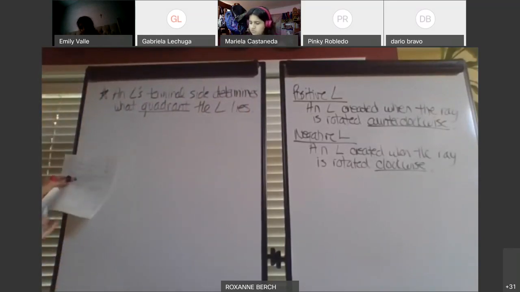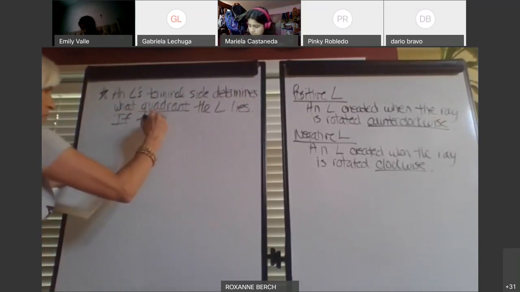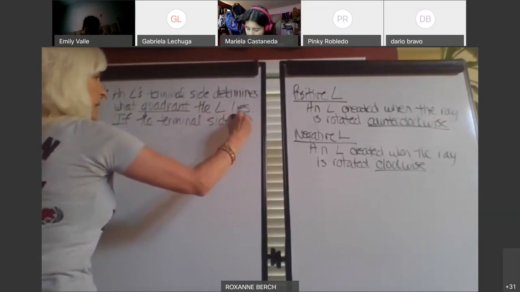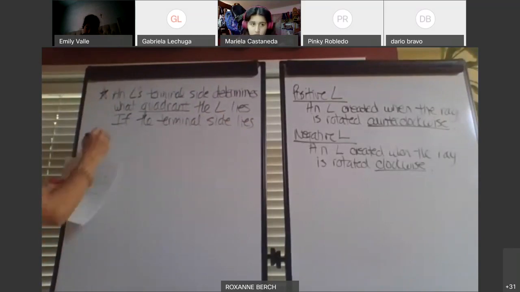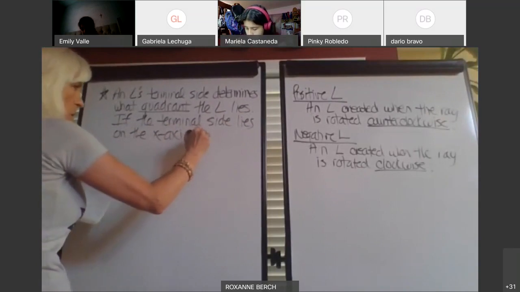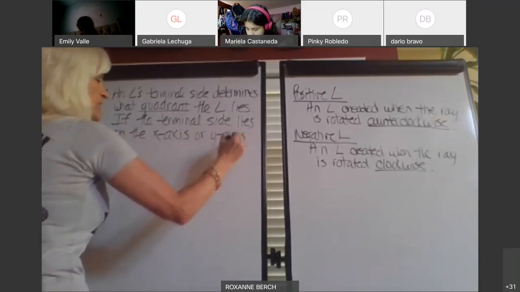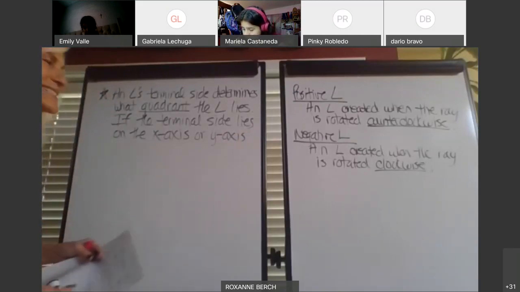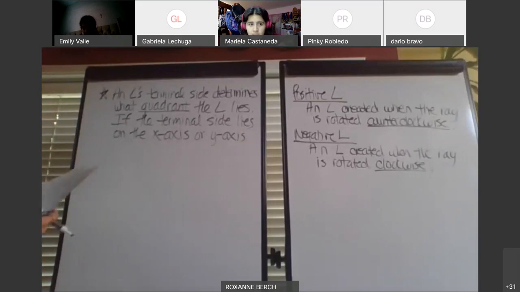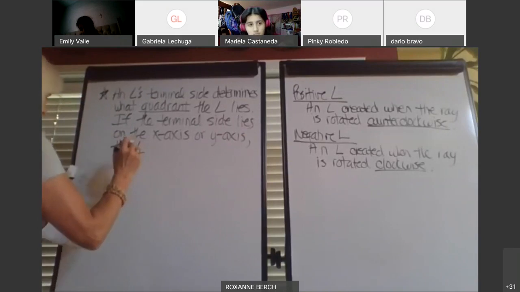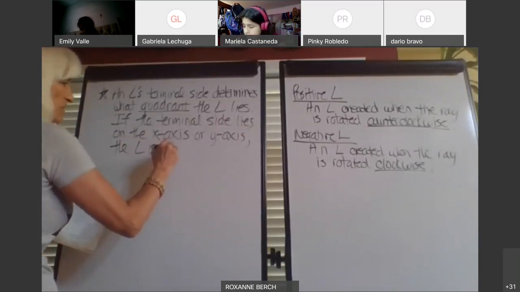I already mentioned that, but there it is in writing. If the terminal side lies on the x-axis or y-axis, in other words, the terminal side isn't lying in a quadrant, it's lying on one of the axes, the angle is called quadrantal.